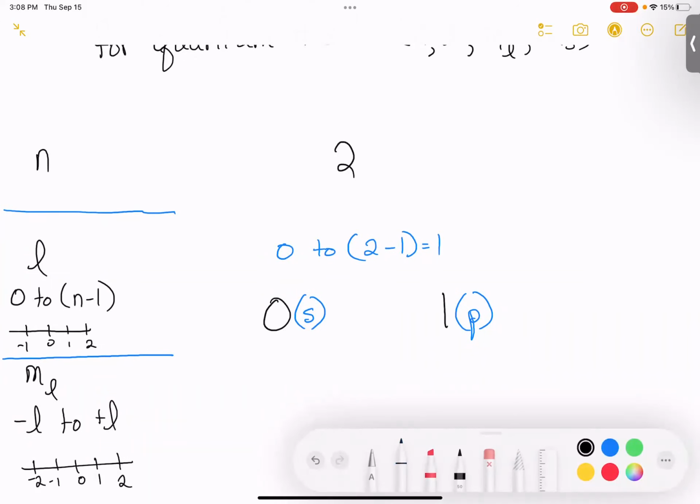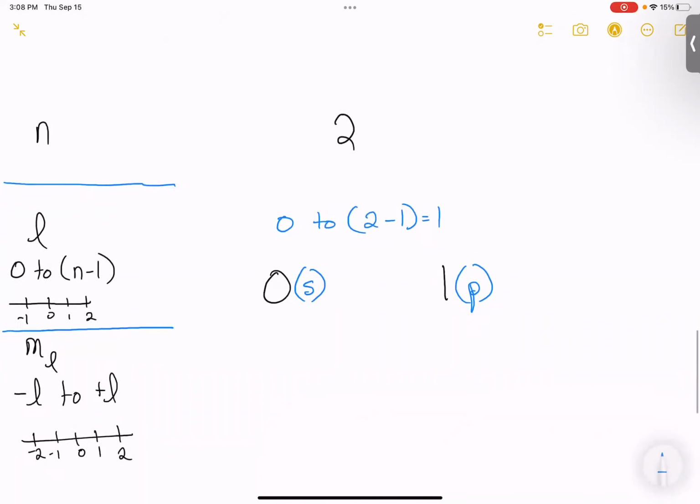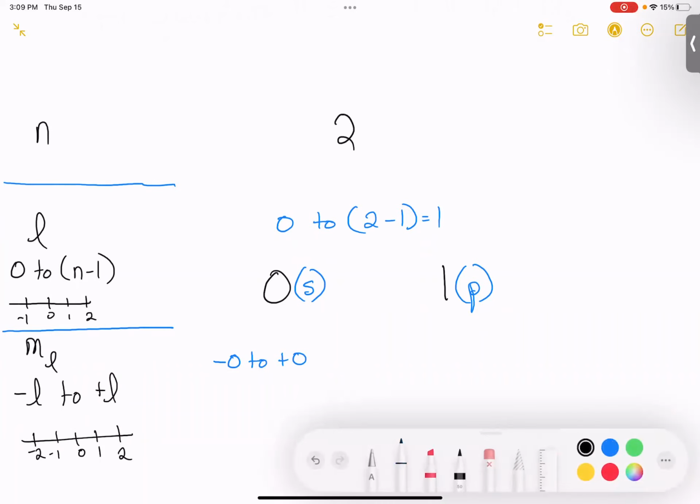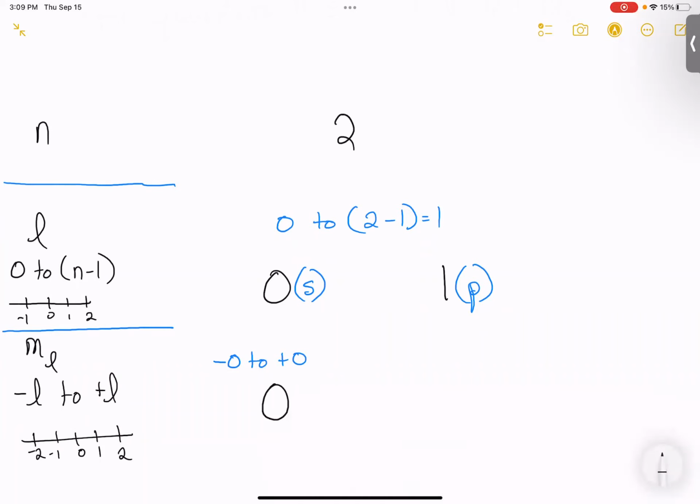Now your M sub L values. M sub L can be a negative L to a plus L, so let's do each L individually. It can be a negative 0 to a plus 0 for the left-hand one, or in other words, our only option is 0.